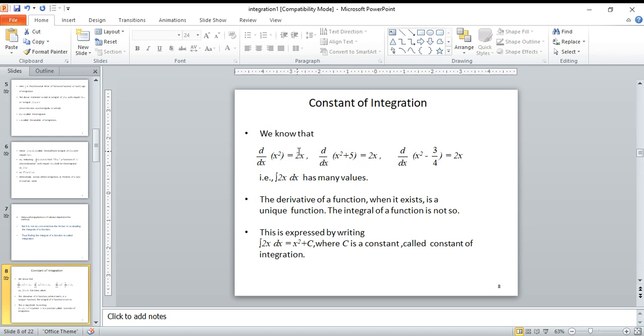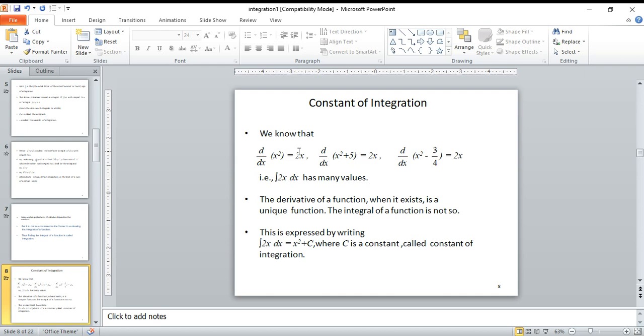And in the third example, taking d by dx from the left side to the right side, it becomes integration, and the integration of 2x dx is x square minus 3 by 4. That's why the integration of 2x dx has many values. It has three different values: x square, x square plus 5, and x square minus 3 by 4.